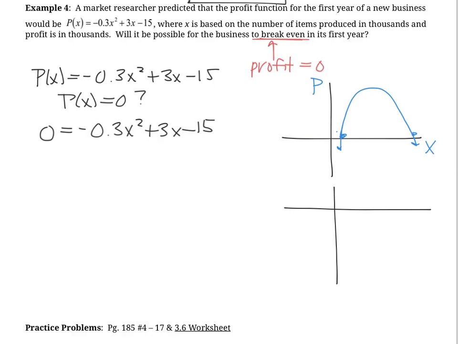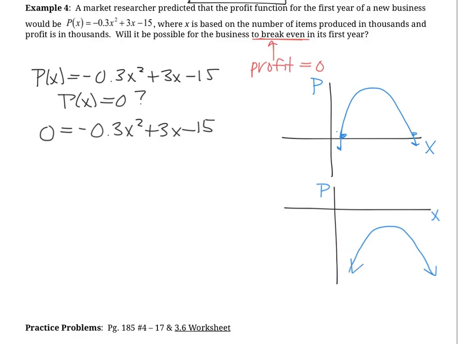Again, here's our profit, here's our x. Maybe the graph exists entirely underneath the x-axis, in which case there are no break-even points. Not only are there no break-even points, at no point is this company going to be profitable in its first year, because all of our profit is negative.